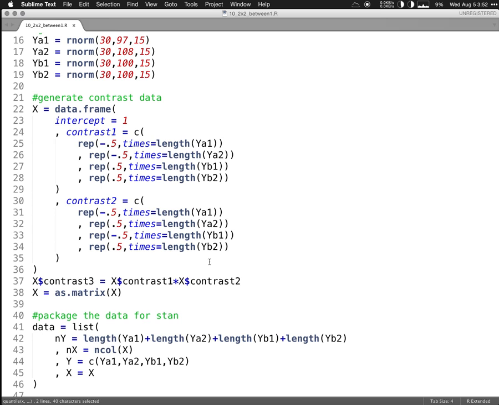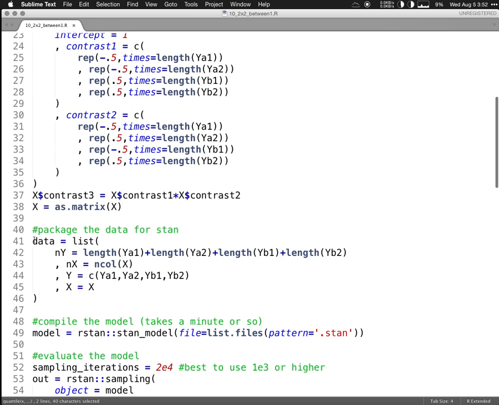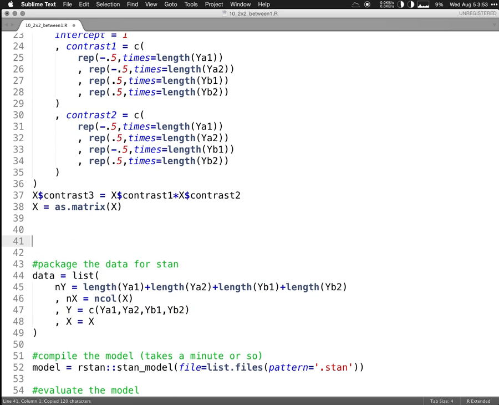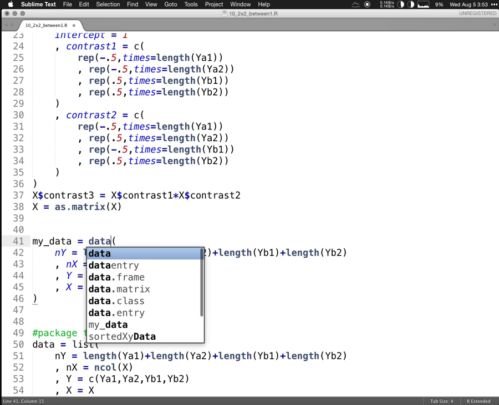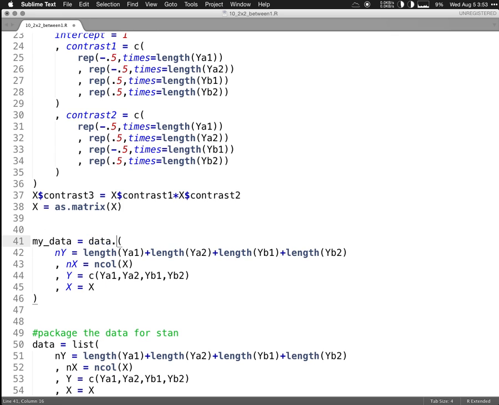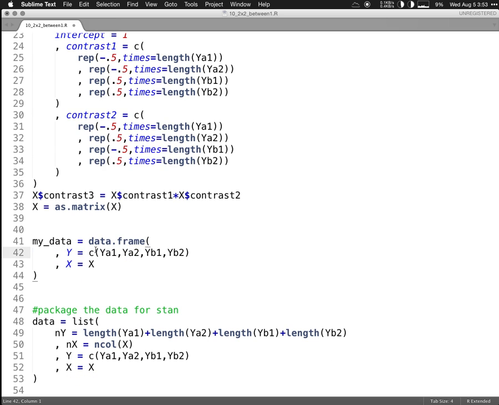Yeah, okay. Let's actually create this as data we already have. Instead of creating this as a list, I'm going to copy it up here. So these two things I don't need.